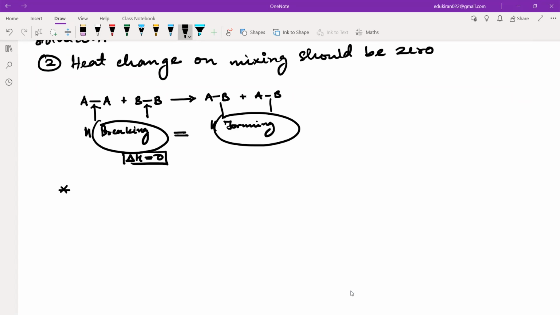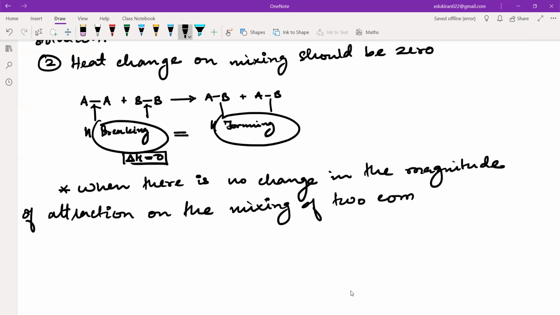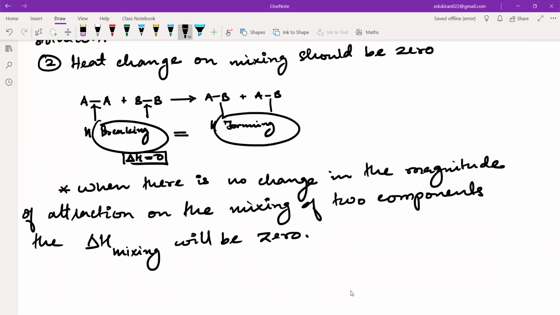I will write here: when there is no change in the magnitude of attraction on the mixing of two components, the delta H, enthalpy of mixing, will be 0. Okay, it should be 0.